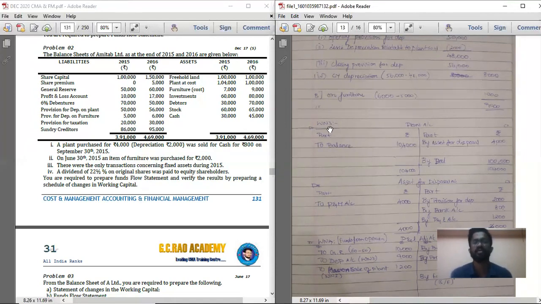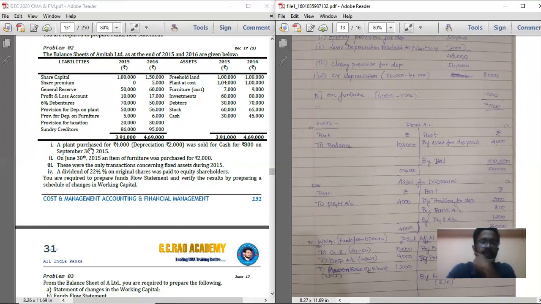So for an asset account, you will always record the opening balance on the debit side and the closing balance on the credit side. So record the opening balance, how much is it? 1,04,000 on the debit side, to balance. And the closing balance is 1 lakh, so on the credit side record by balance 1 lakh. So opening balance is 1,04,000, closing balance is 1 lakh.